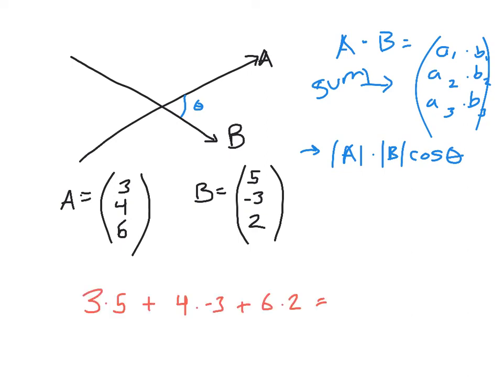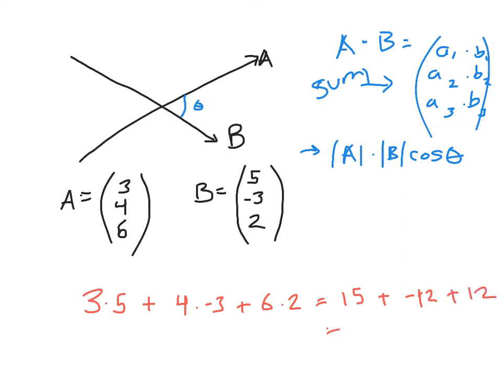Alright, so I've gone ahead and done a little bit of the work here, just written out our product. So we've got 15 plus negative 12 plus 12.